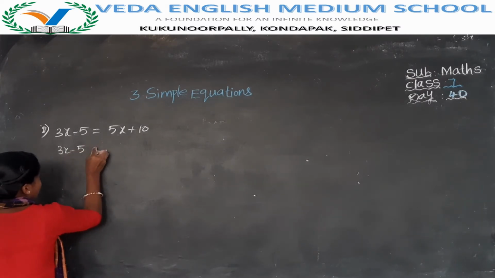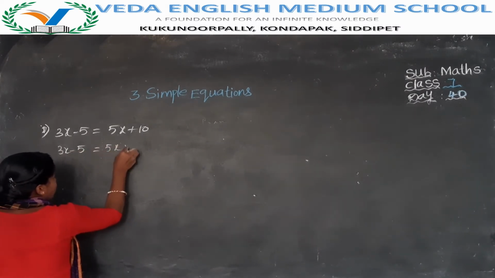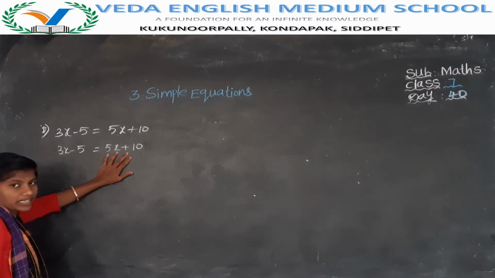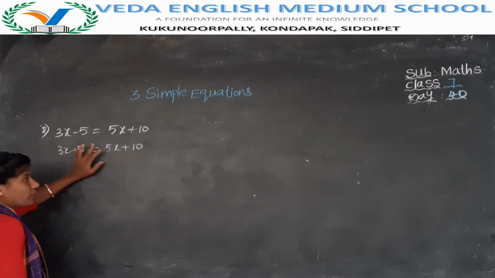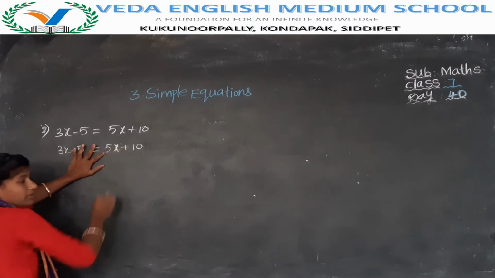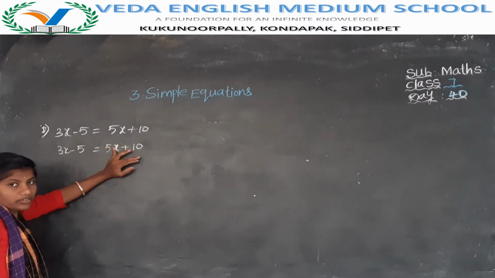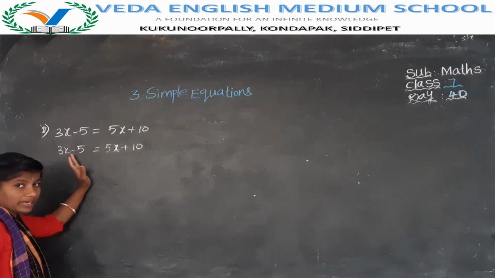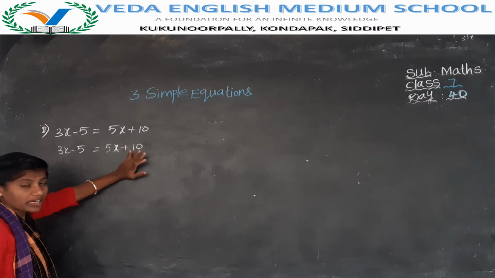Now we have to find the solution for this: 3x minus 5 is equal to 5x plus 10. In the RHS side we have the term 5x. Always, as I said, English small letters should be on the LHS side and numerical on the RHS side.